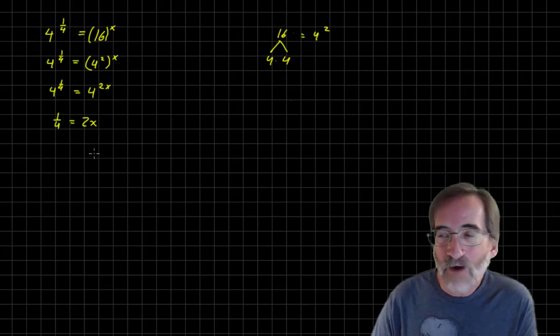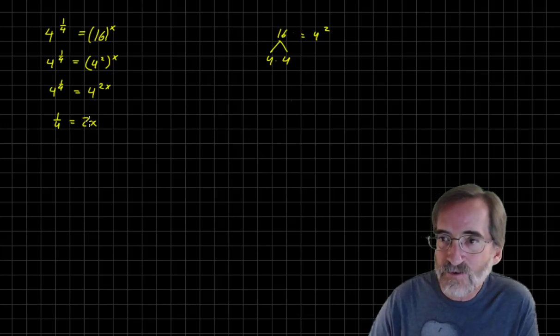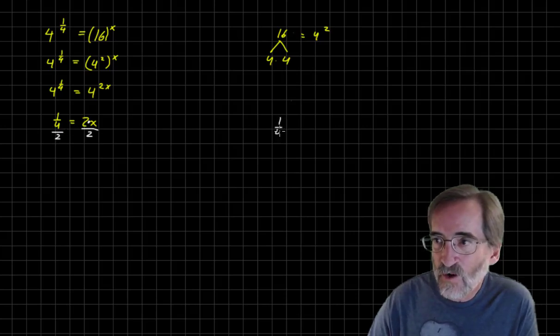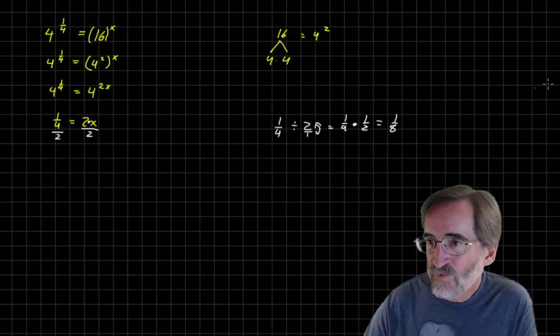Okay? And now we just solve by undoing. So the opposite of times 2 is divide by 2. A little scratch work. 1/4 divided by 2. Keep the first and flip the second is 1/4 times 1/2, or 1/8.